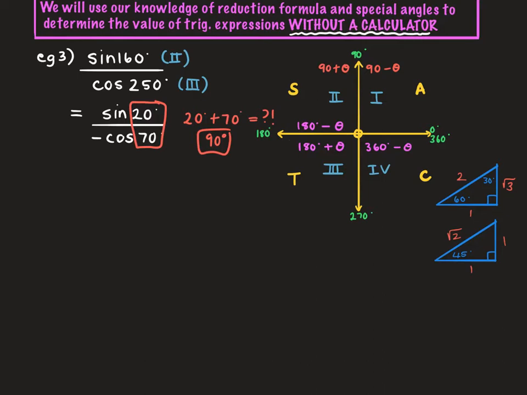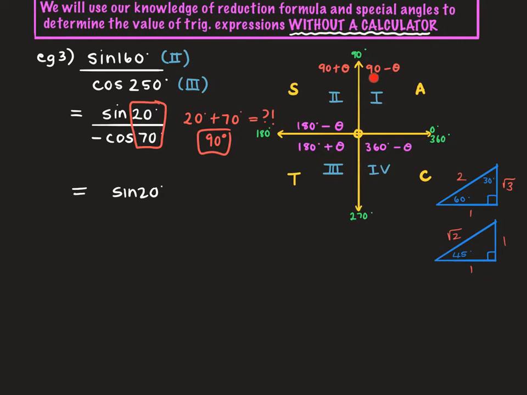So you can decide if you want to switch the numerator or the denominator. I'm going to leave sine of 20 as it is in the numerator. Now, cos 70. Cos 70, so that's in quadrant 1, right, between 0 and 90. So I can rewrite cos 70 as cos of 90 minus 20.